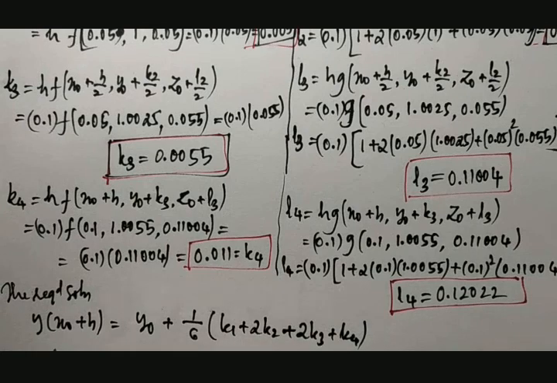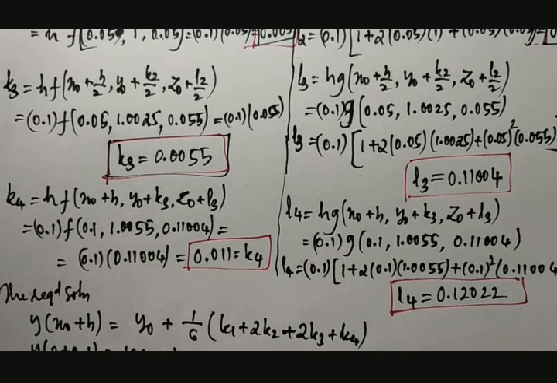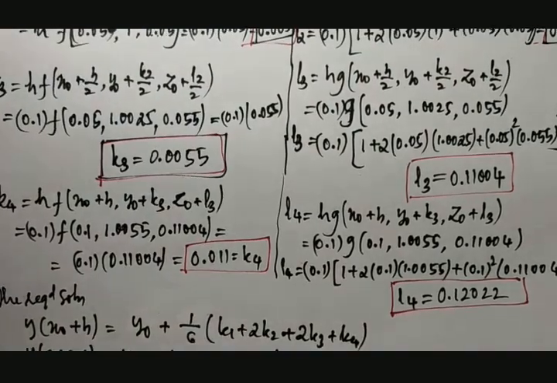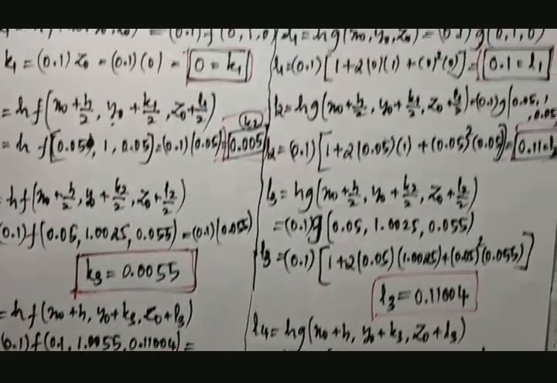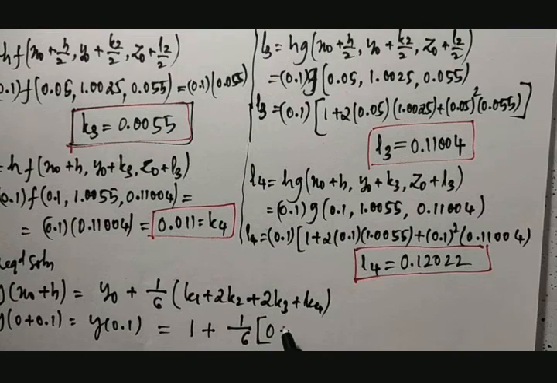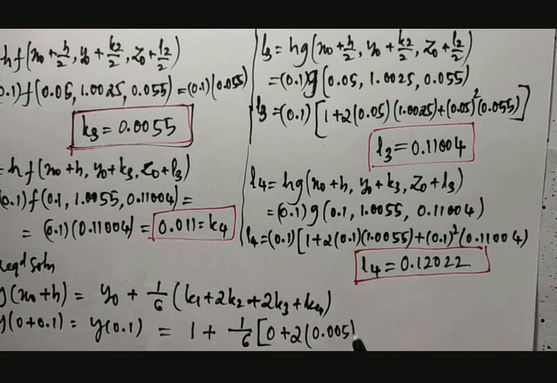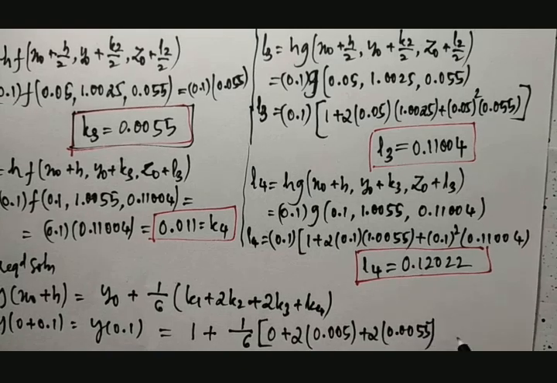So y of x0, x0 is 0, plus h is 0.1, which is nothing but y of 0.1, which is equal to y0, that is 1, plus 1 divided by 6 into k1, and k1 is 0, plus 2 times k2, that is 0.005, plus 2 times k3, that is 0.0055, plus k4, that is 0.011.